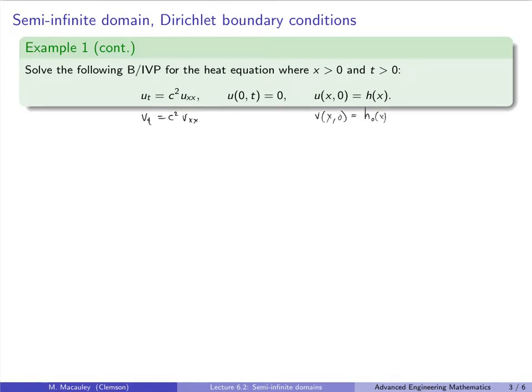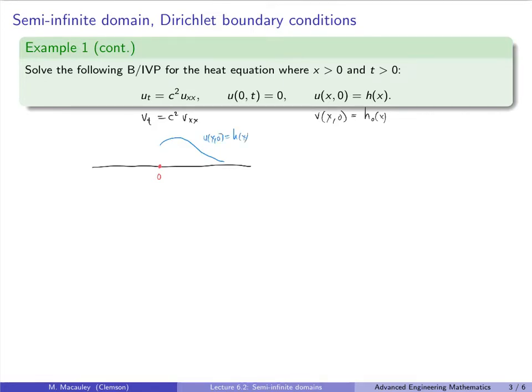Let me sketch what this looks like. Here's the real line. At x equals 0, the original temperature is fixed at 0 degrees. Here is u of x,0 equals h of x.